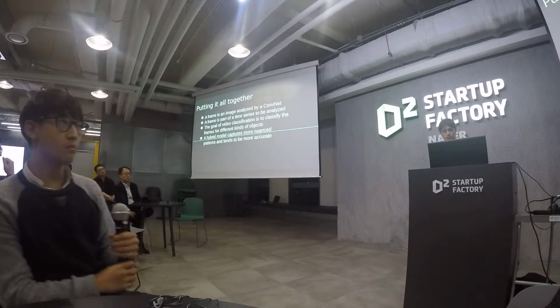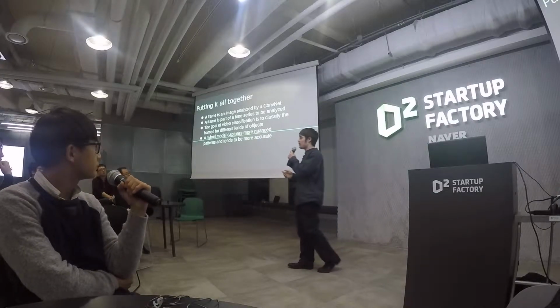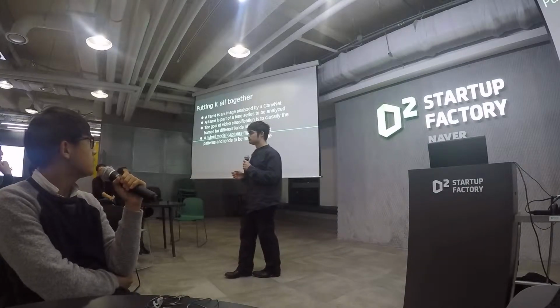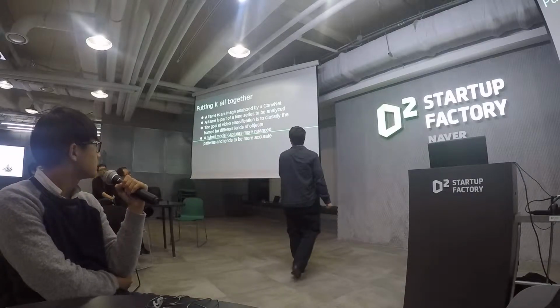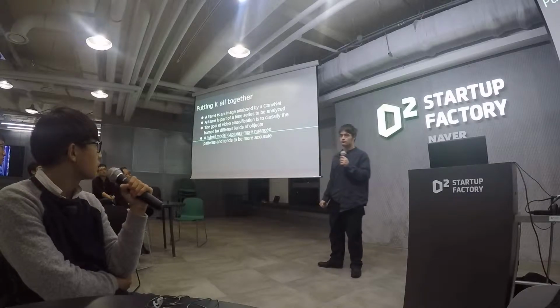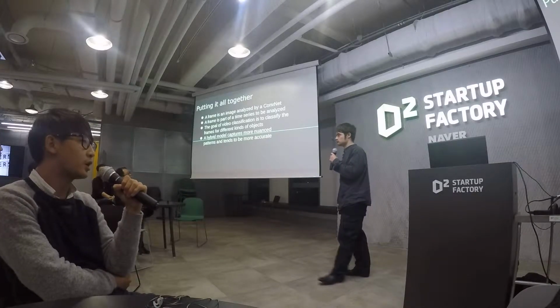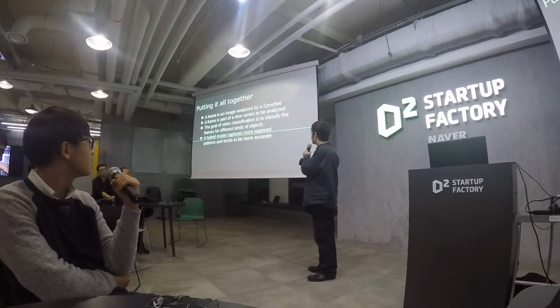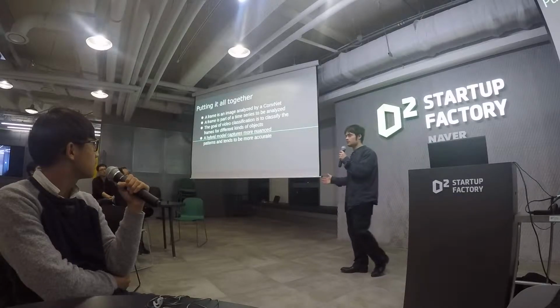So, in summary, a frame is an image analyzed by a convnet. It's part of a time series to be analyzed. So the goal of video classification is to classify the frames for different kinds of objects.